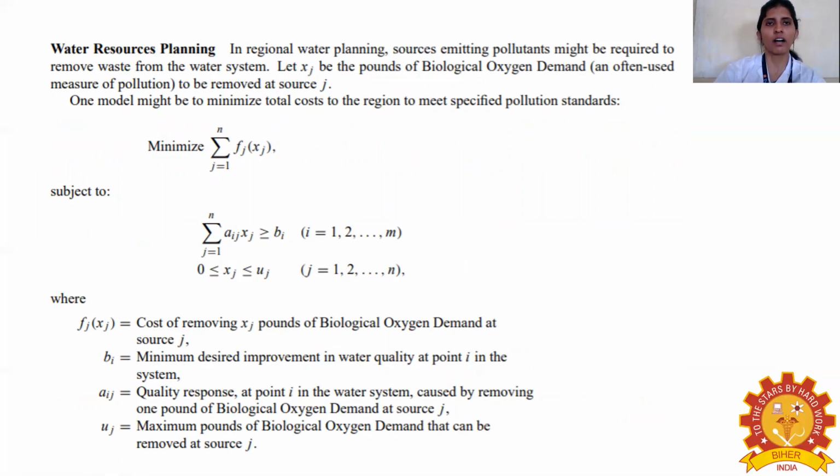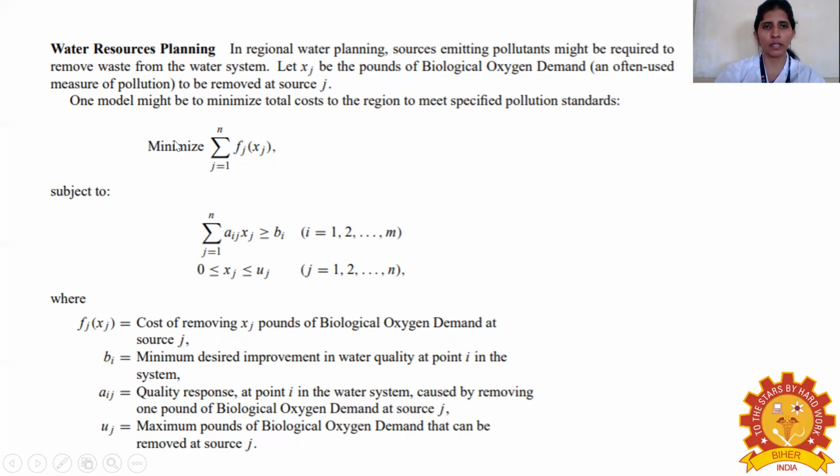So here in a regional water planning, sources emitting pollutants might be required to remove the waste from the water system. So let us assume that xj is the pounds of biological oxygen demand to be removed at source j. So one model might be to minimize the total cost to the region to meet specified pollution standards. Okay, so we are considering the problem of minimizing the objective function.